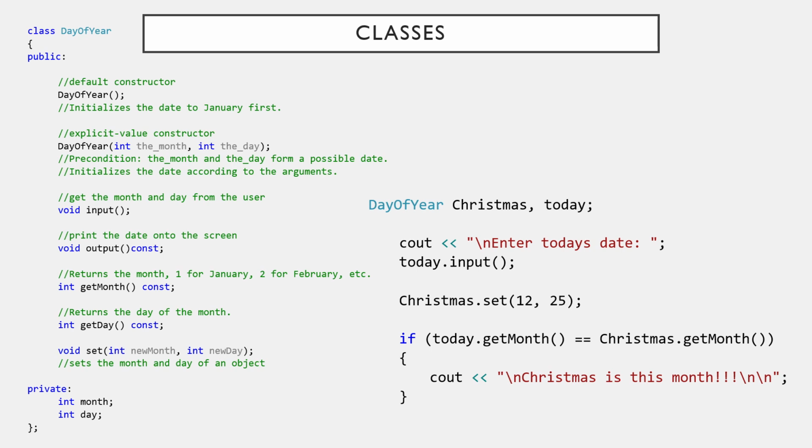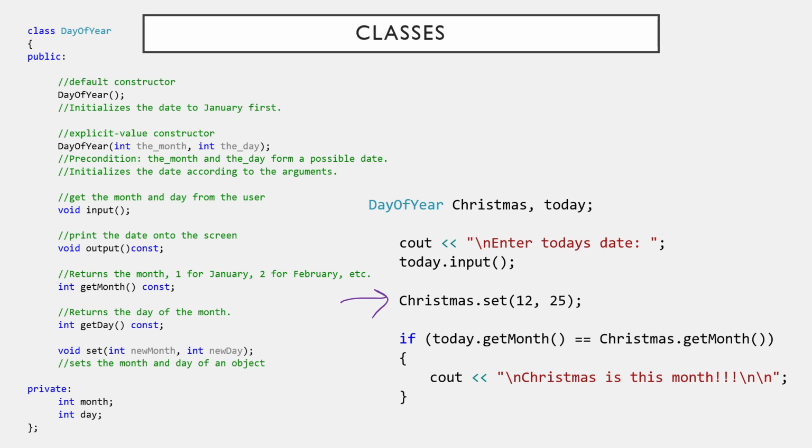So you could do DayOfYear Christmas, and when you declared Christmas, instead of using the set function, you could have declared Christmas and put a 12 and a 25 and called the explicit value constructor. The idea is that you have this declaration and you come up with different ideas on how to create objects of your class and how to manipulate them. You're always going to come up with more ideas, because that's kind of what happens in programming.